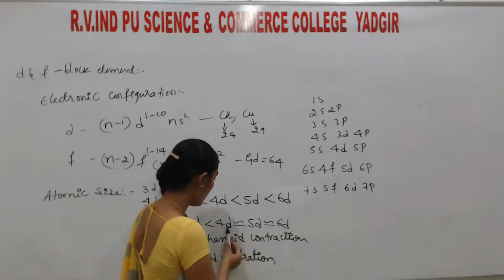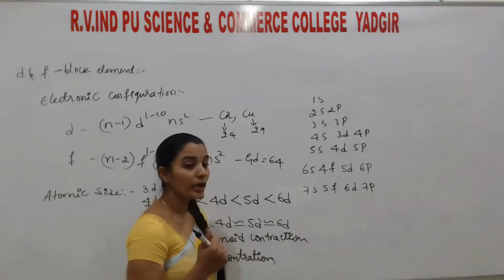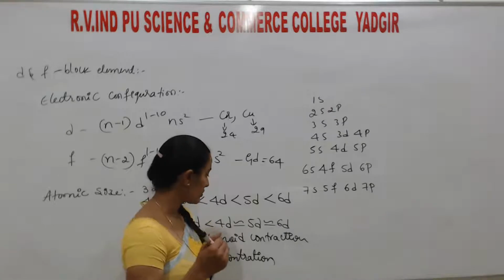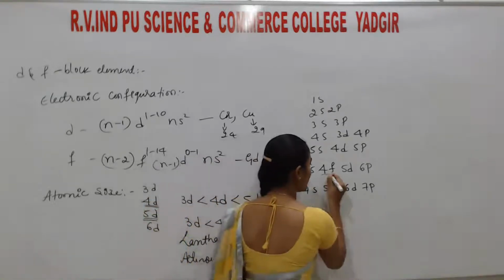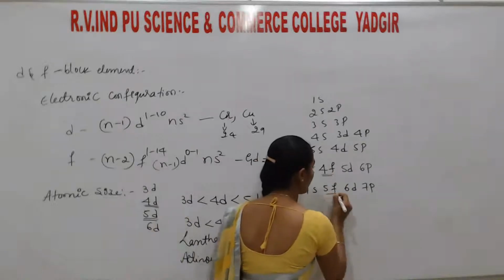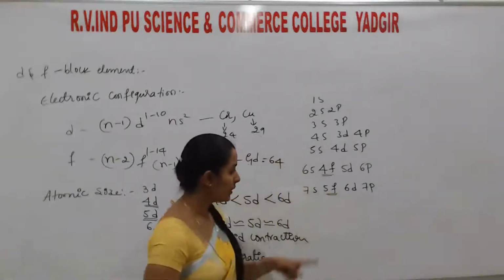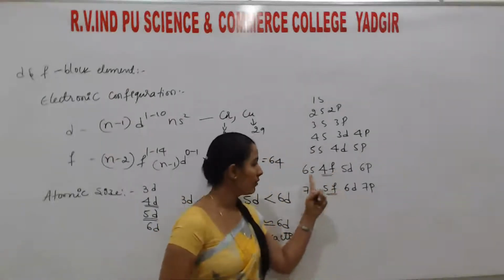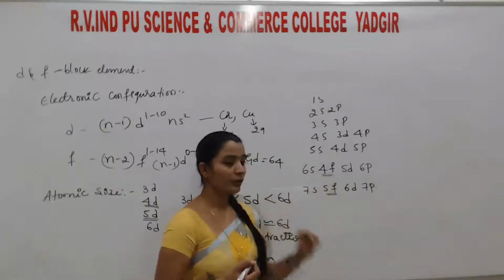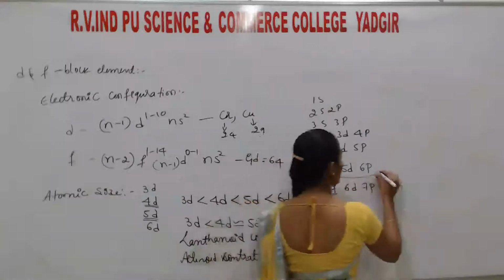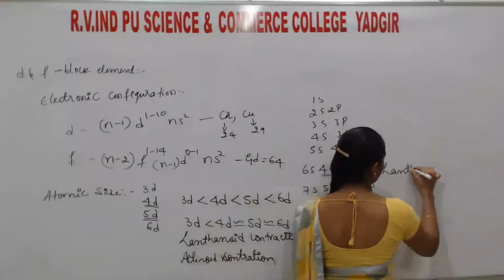But in 4d and 5d, why are they equal in size? Because of this 4f orbital involvement. F block elements are involved in between s and d orbitals. So 4f elements are called what? Lanthanoids.